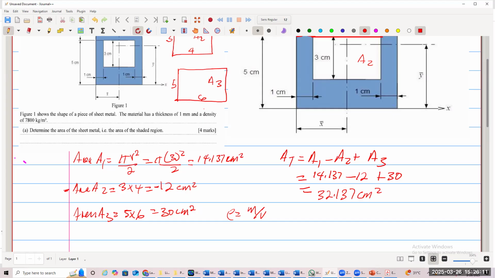So we need the mass. What is the volume of the sheet metal? We get a thickness of 1 millimeter. Convert the thickness to meters.